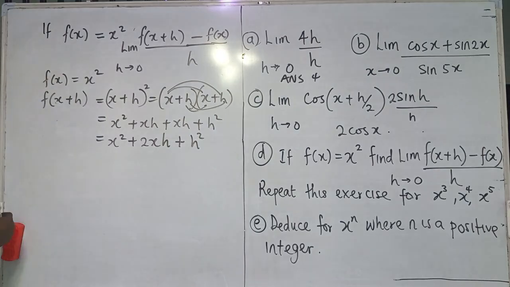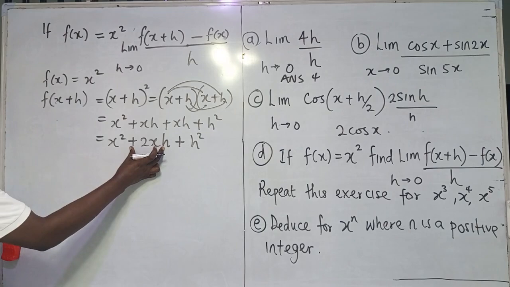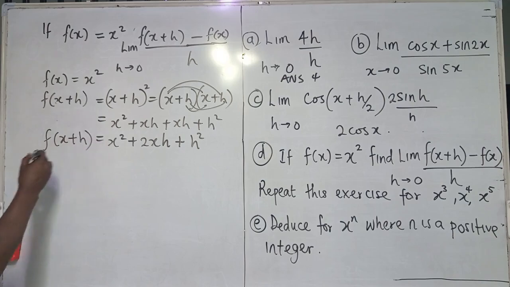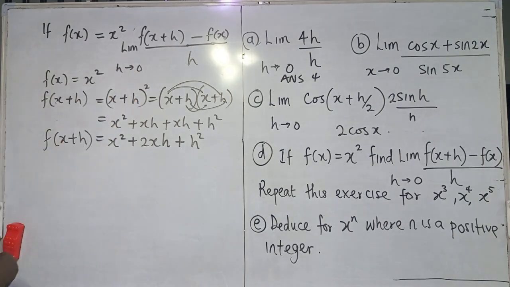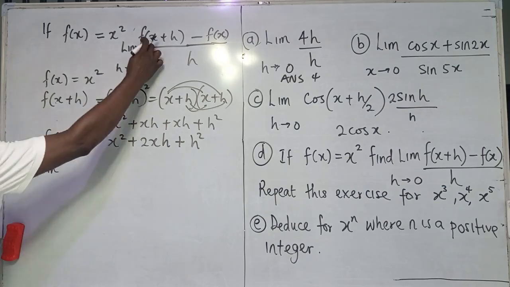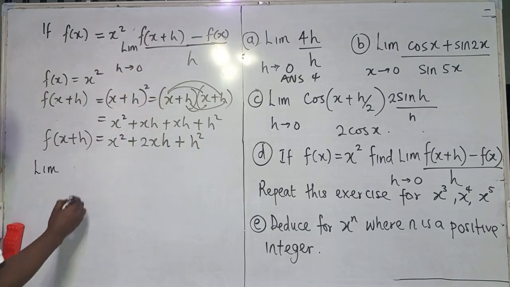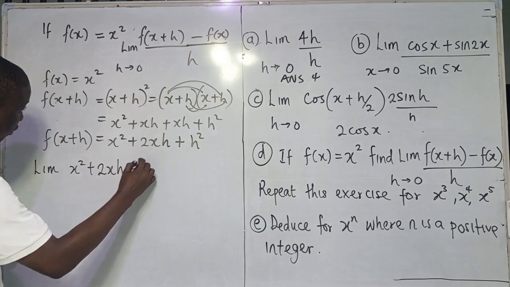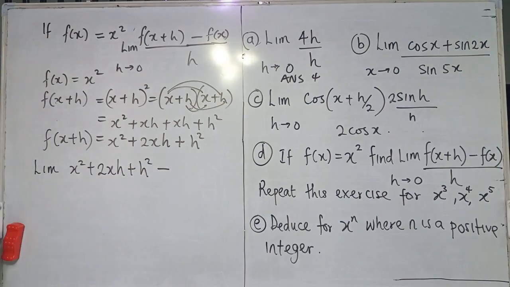Now, having done that, what you are going to do is to substitute this for x plus h. So let's apply it as h approaches 0. The limit of f of x plus h will now give us x squared plus 2xh plus h squared minus f of x.